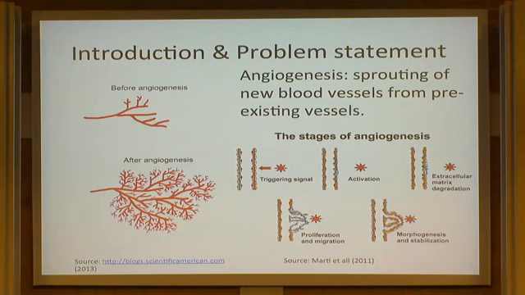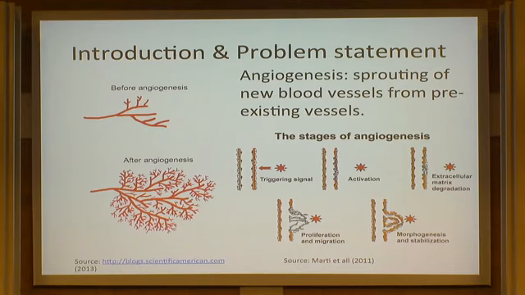Imagine that you have this set of blood vessels, and then here you see that these blood vessels are sprouting. So you get sprouting of new blood vessels from pre-existing vessels. This is angiogenesis. And this is a process that takes place all over your body. And in some cases we are very happy that it takes place. It's very important because we need a good supply of blood everywhere in the body.